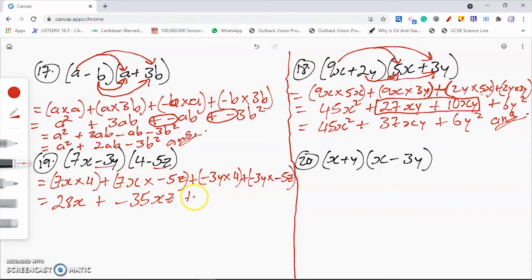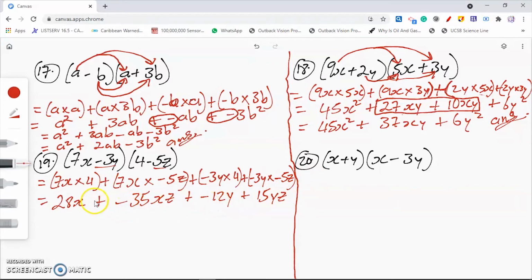Good. Plus negative 3y times 4. Negative 3 times 4 is negative 12, and then we bring down the y, so that's negative 12y. Plus negative 3y times negative 5z. Negative times negative is positive. 3 times 5 is 15. So that's positive 15, y times z is yz.